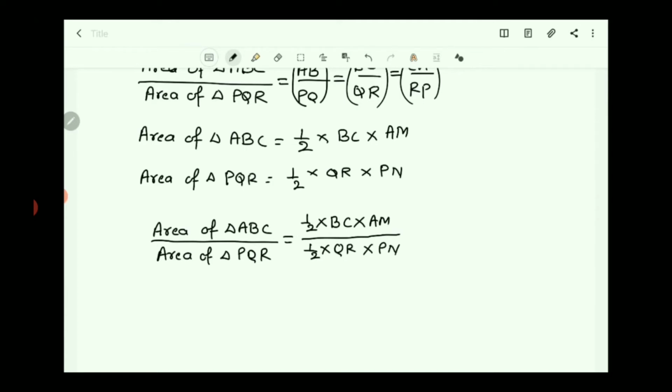Now here half cancels. What you are going to get is BC into AM by QR into PN. You consider this as the first ratio you got, in terms of the product BC into AM by QR into PN.